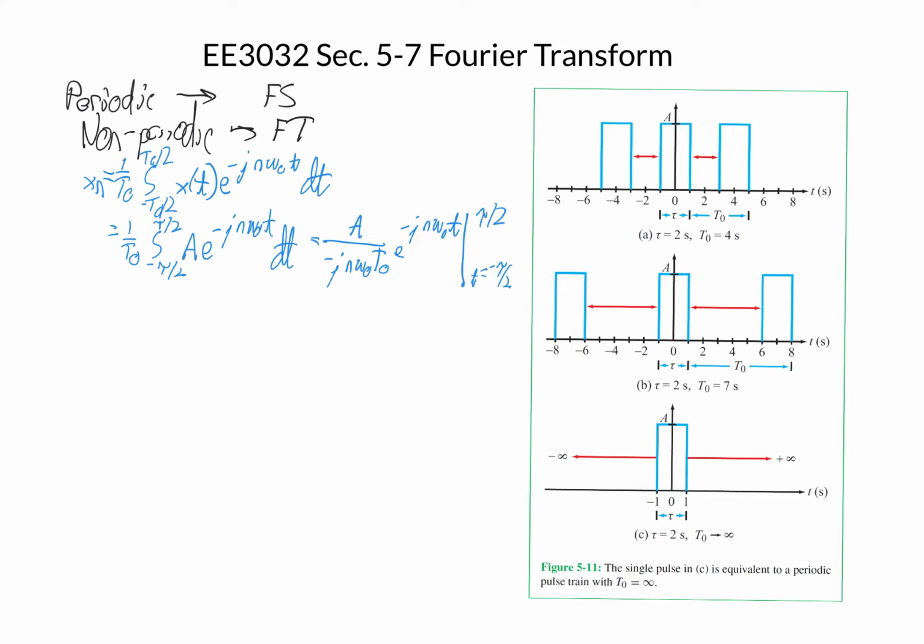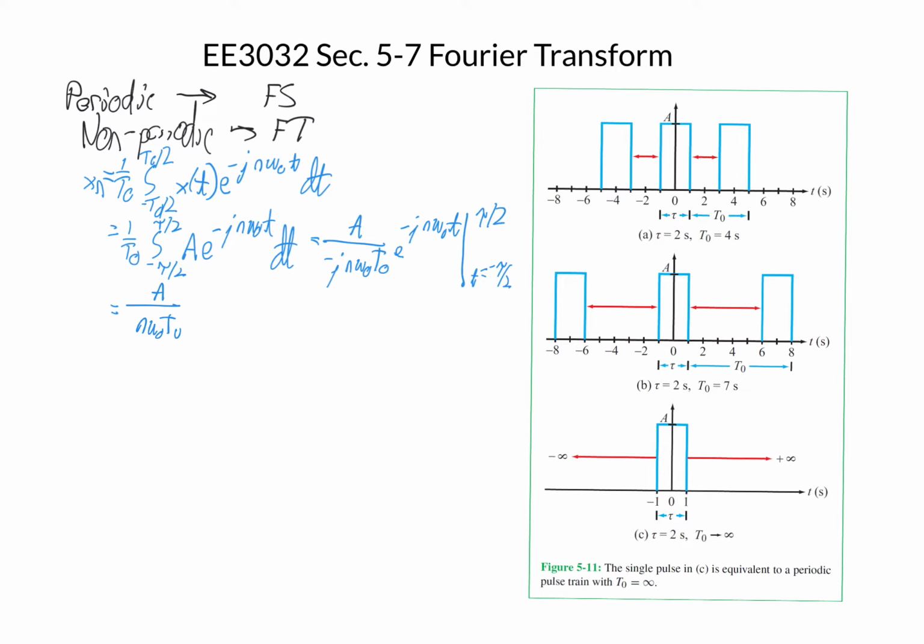So now we substitute in the upper and the lower limit. In the fraction out front here, I have A, and in the denominator I have n omega naught T naught, and I'm going to take care of the rest of that in a minute. We'll come back to that.